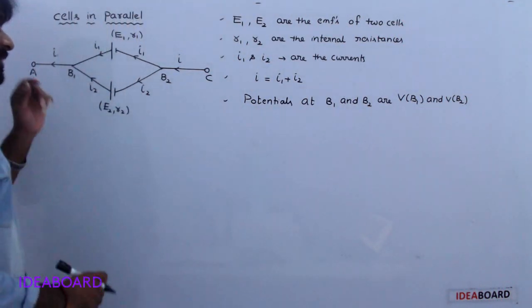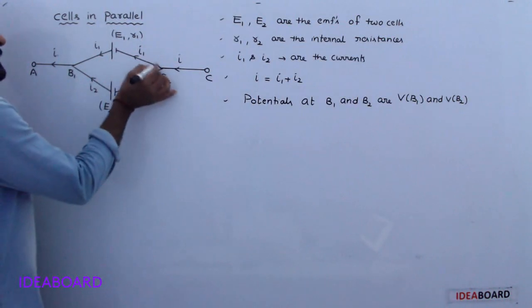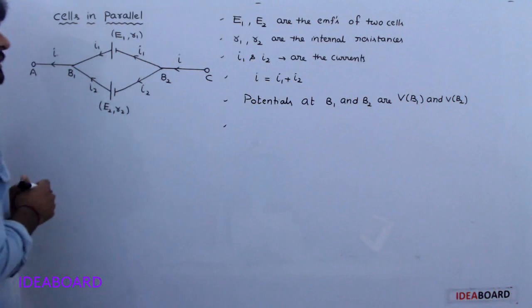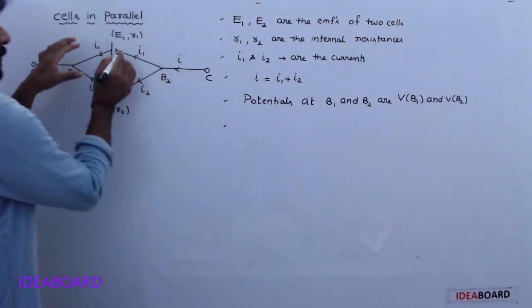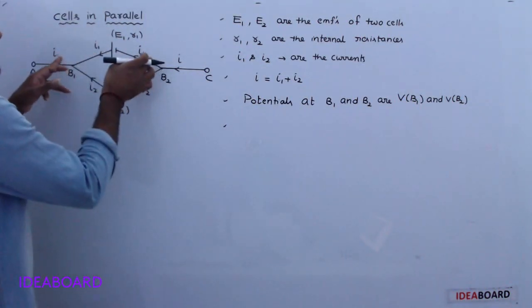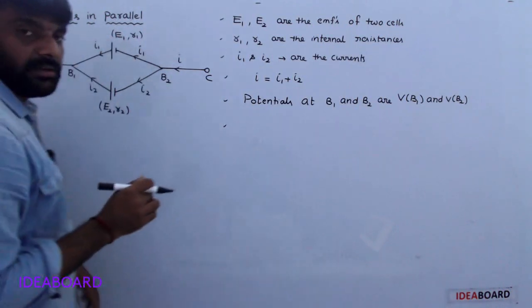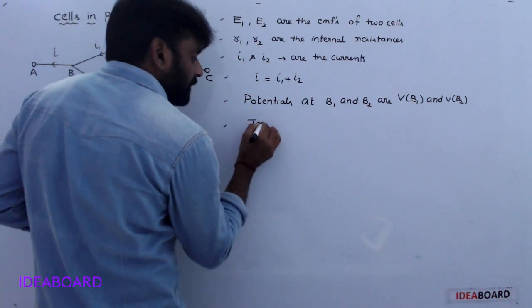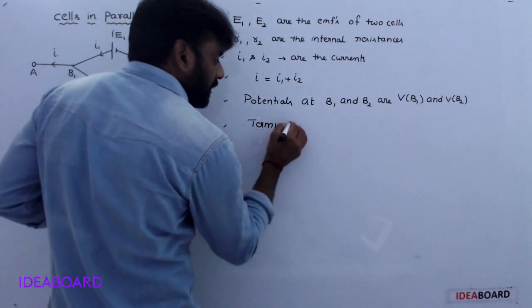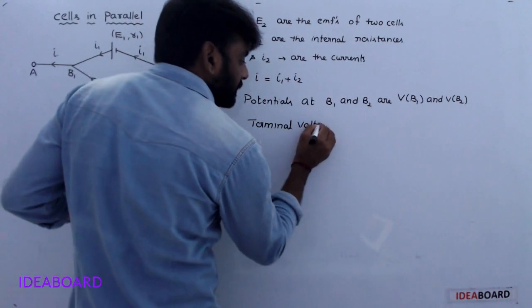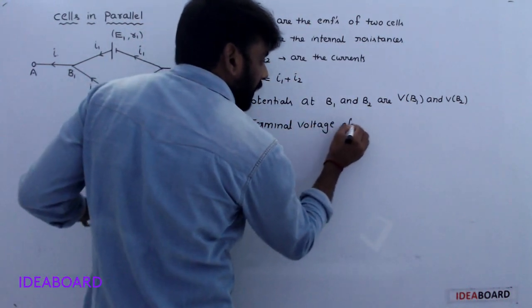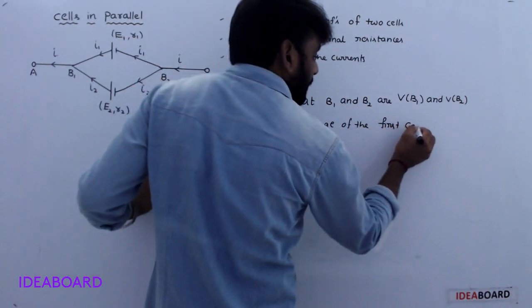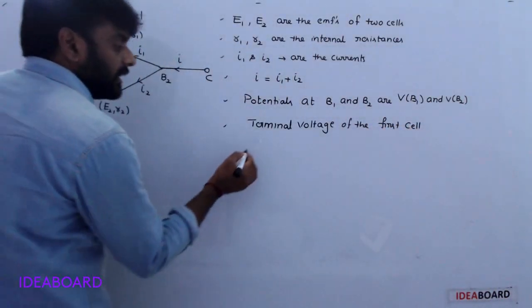Now, first of all, the potential drop across the first cell means the terminal voltage of the first cell.